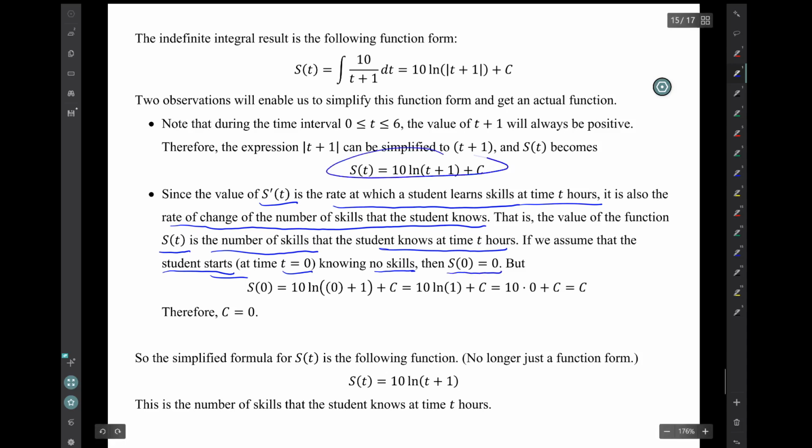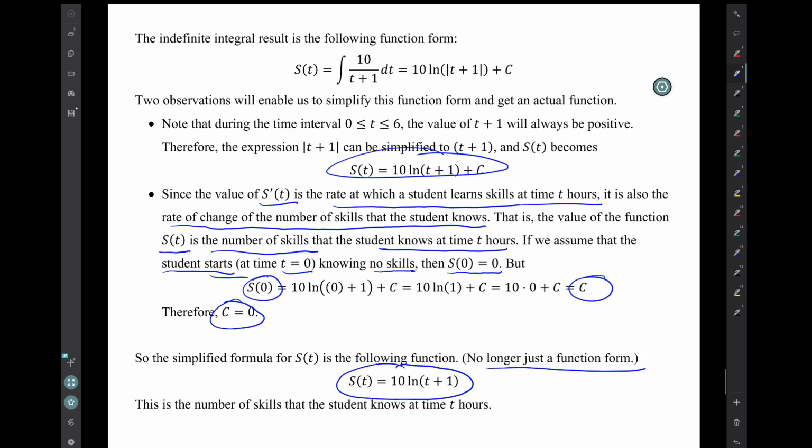But if we use this formula and we compute capital S parentheses 0, we get that capital S parentheses 0 is c. So that tells us that c has to be the number 0. So the simplified formula for capital S of t is the following function. It's no longer just a function form. There's no constant of integration left. Capital S parentheses t is this expression, 10 ln of the quantity t plus 1. And what that represents is the number of skills that the student knows at time t hours.